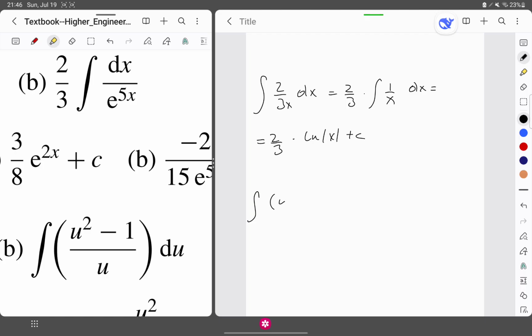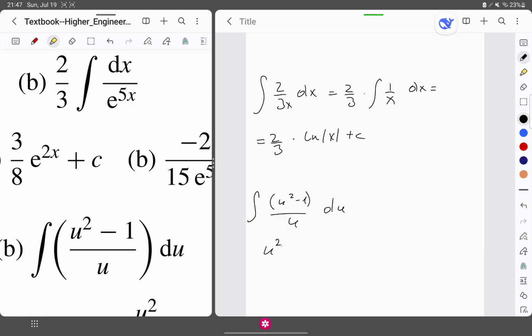Integral of u squared minus 1 over u du. Okay, I can apply substitution here.